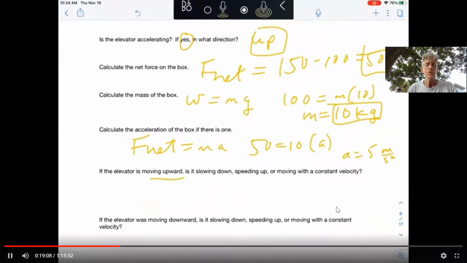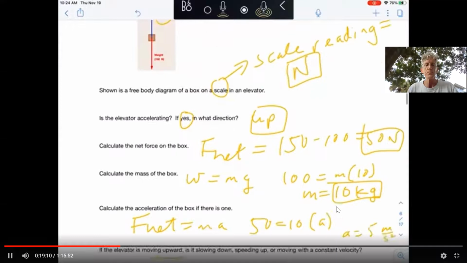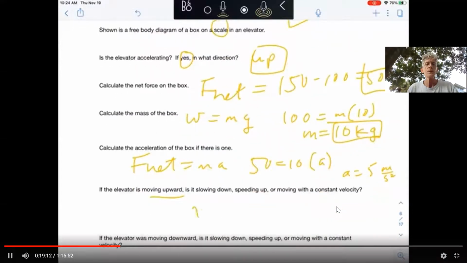Okay, is the elevator moving upward? Is it slowing down? Well, let's figure it out. Velocity is positive.